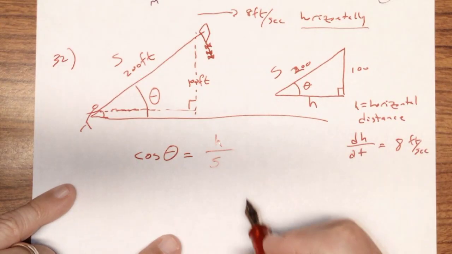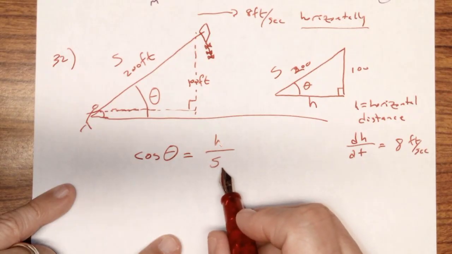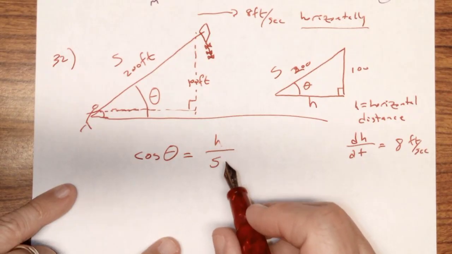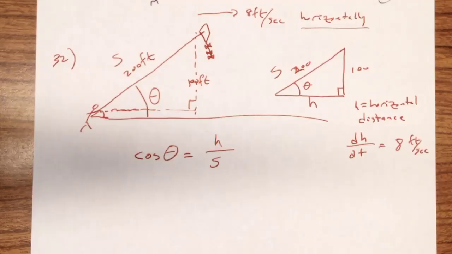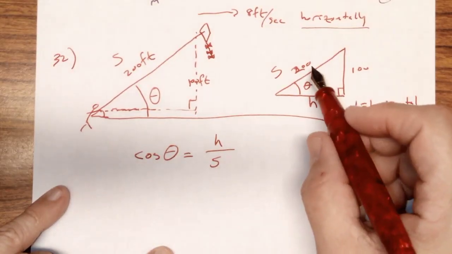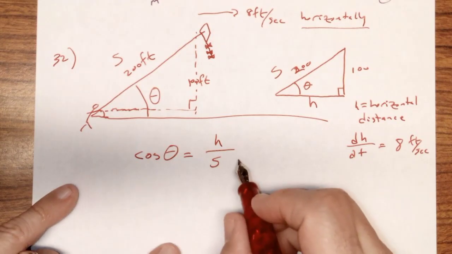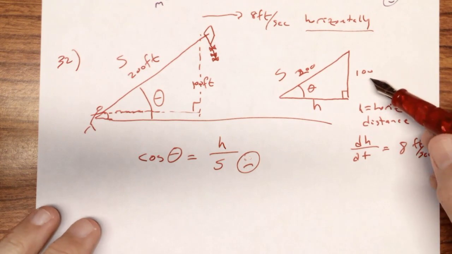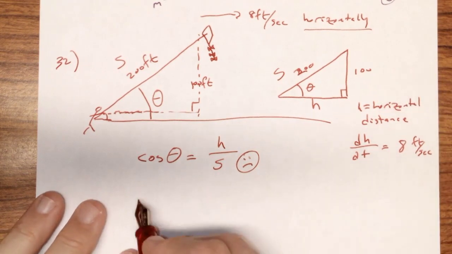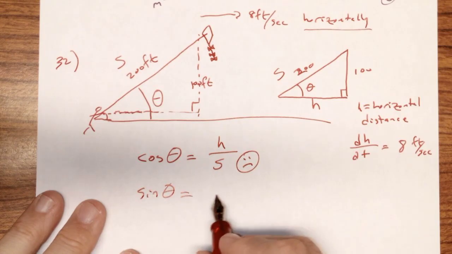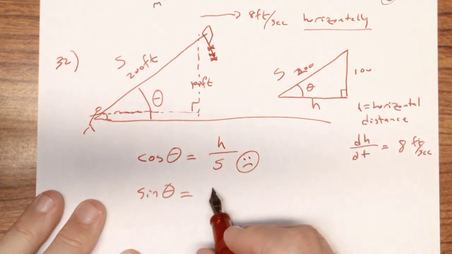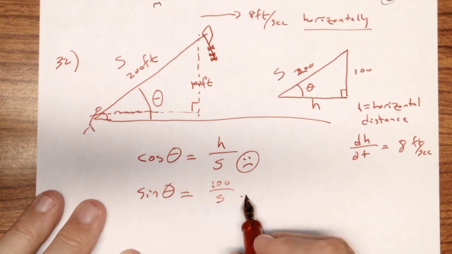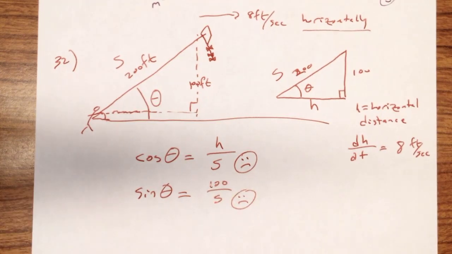That's h over s. Oh, wait a minute. If I go to take the derivative here, I've got too many variables, and s is changing because this is going horizontally. I can't use that one. Same reason I can't use sine. Sine theta would be opposite over hypotenuse. And again, s has to be changing, otherwise my kite wouldn't be moving horizontally.